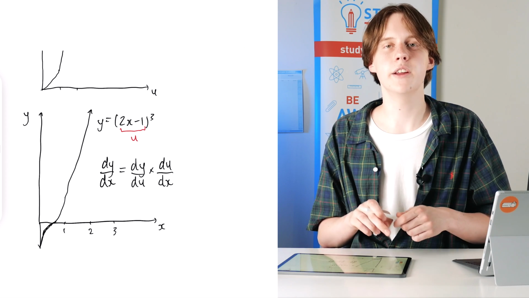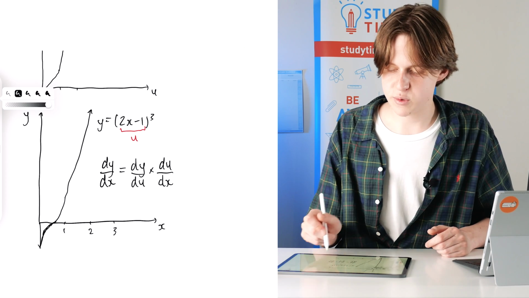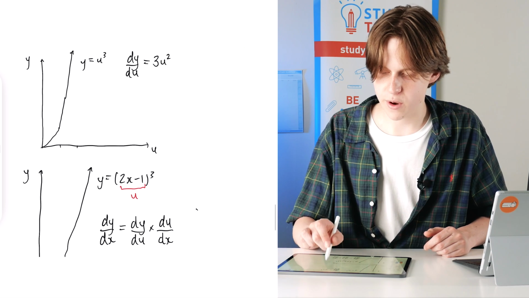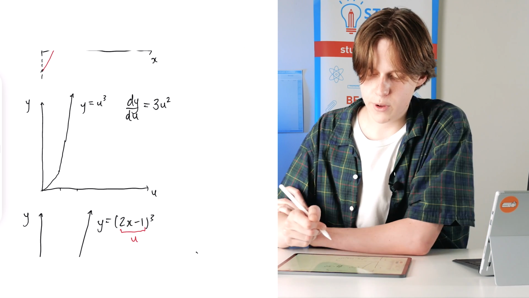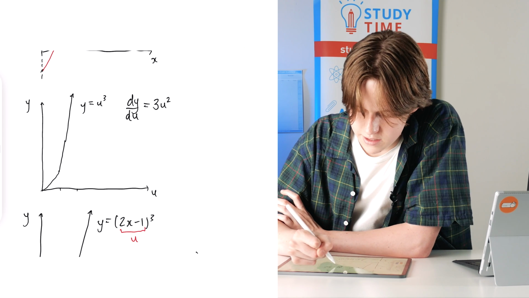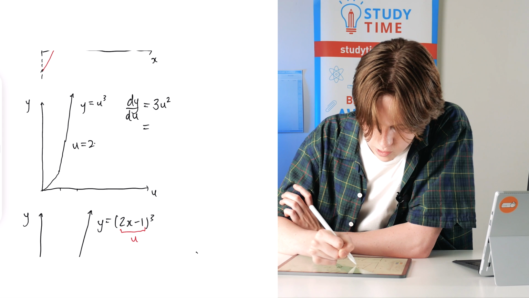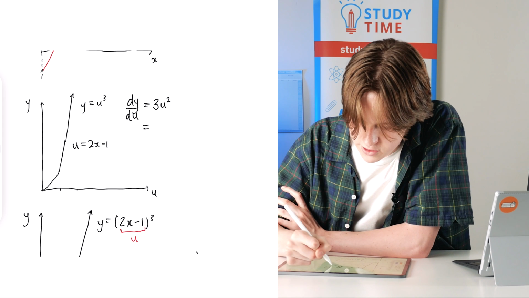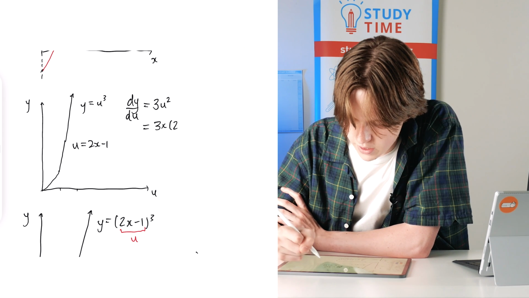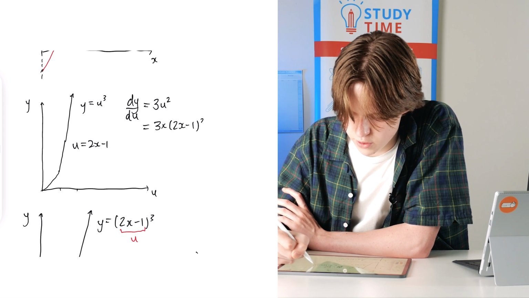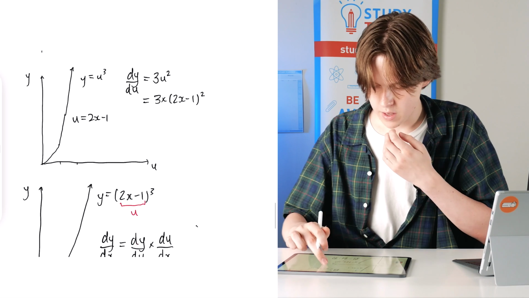That sounds complicated, but it's actually not too hard, because we've already found dy by du, which we know is 3u squared, but we're going to rewrite that firstly. So we know that u equals 2x minus 1. So we're just going to say that this is 3 times 2x minus 1 to the power of 2. Okay.